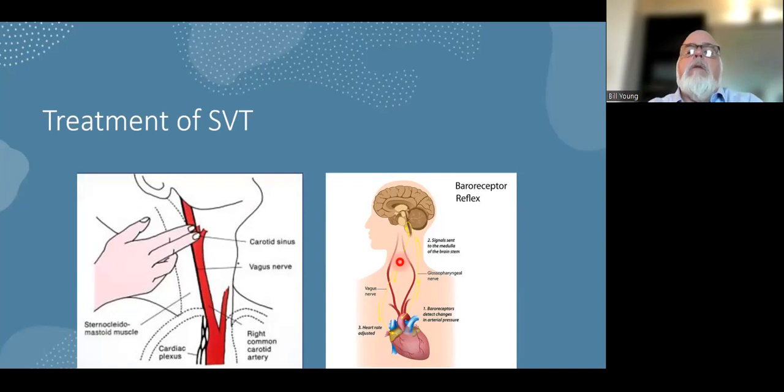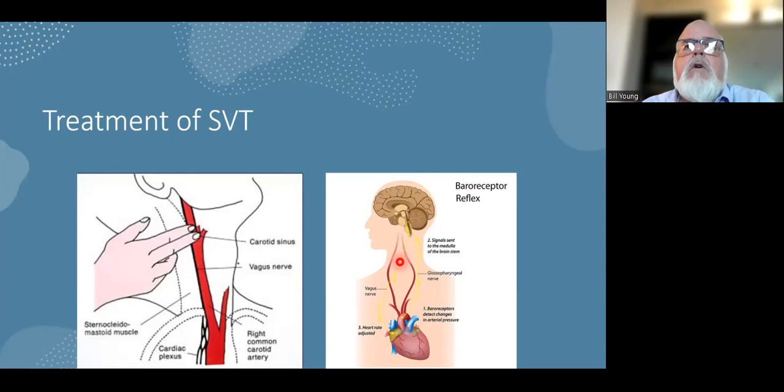However, if you hear a bruit, spelled B-R-U-I-T, you'll hear a whoosh, whoosh. Basically what's happened is that the plaque has built up enough that it is causing a disturbance in the flow, not the force, of the blood going through the carotid arteries. If we hear that, we do not do carotid massage on that artery.